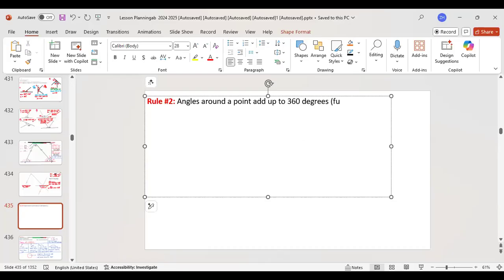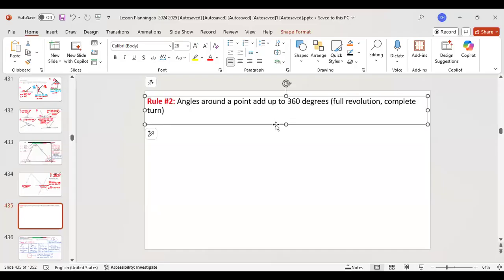We're talking about a full revolution, like a complete turn. So angles around a point add up to 360 degrees. Okay.